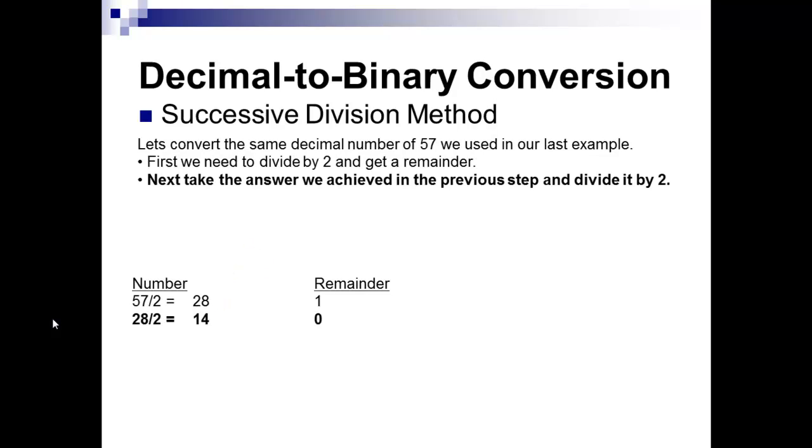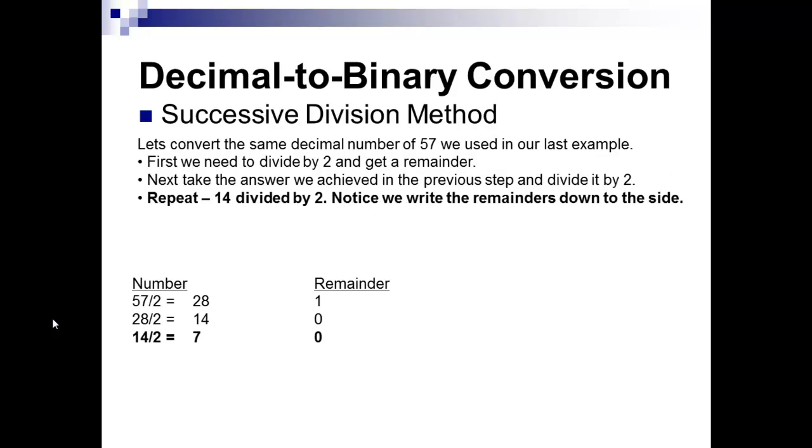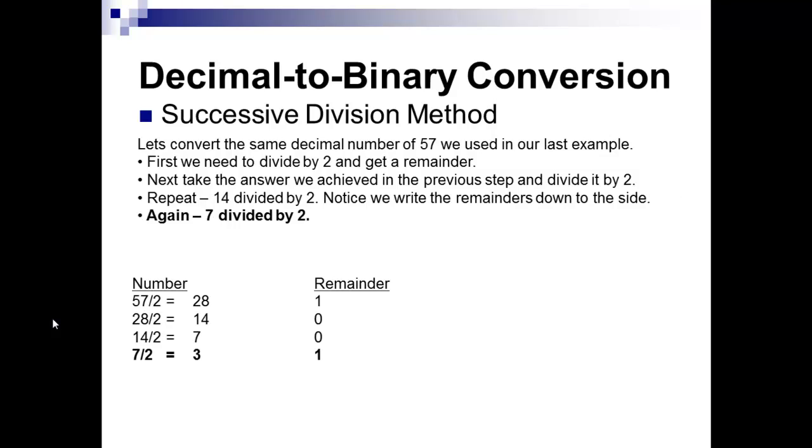Okay, now we pull down the 28. 28 divided by 2 equals 14. No remainder, no decimal place. Next, we pull the 14 down. 14 divided by 2 equals 7 with no remainder. There's no decimal. Pull the 7 down. 7 divided by 2 equals 3.5. That 0.5 tells you that there's a remainder of 1.